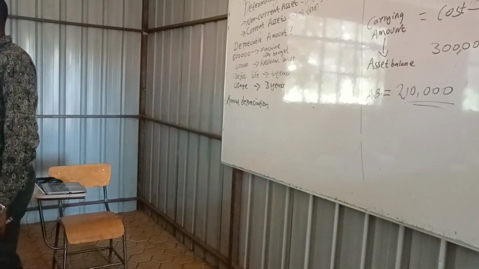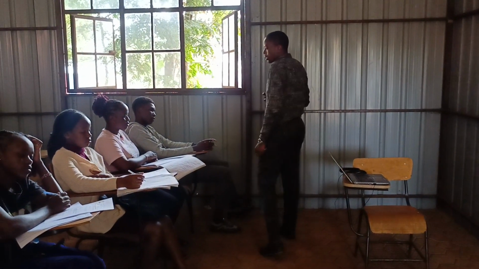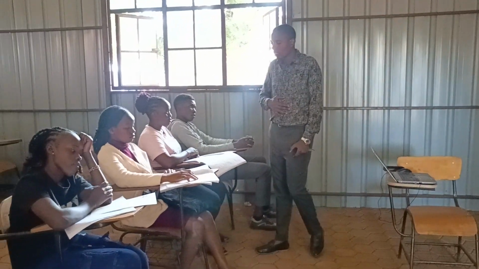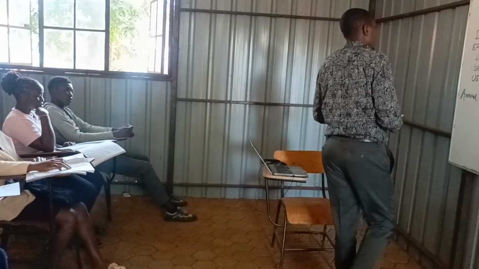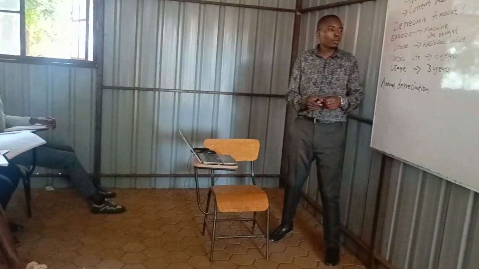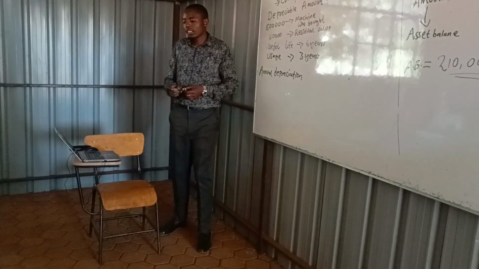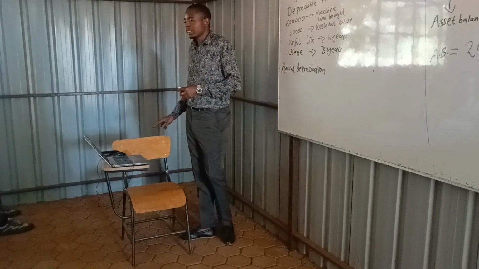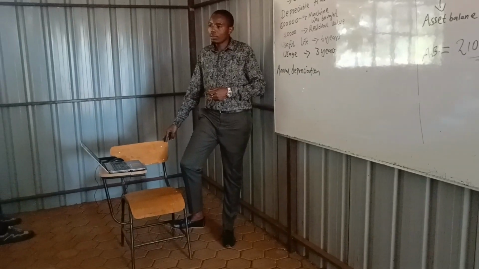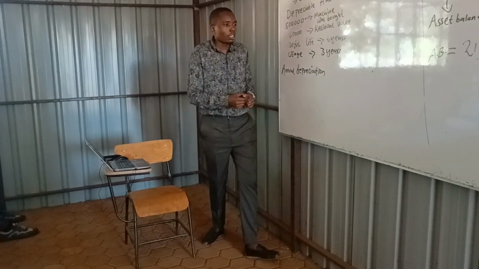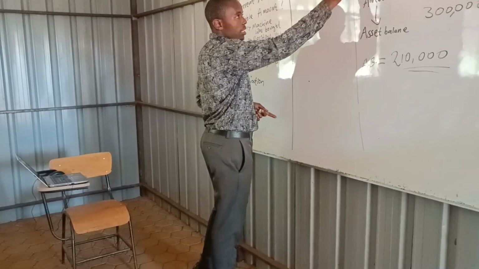Depreciable amount means by how much has it depreciated? We want to understand this machine. How much has it depreciated to? Okay, or let us do it so that we can understand.